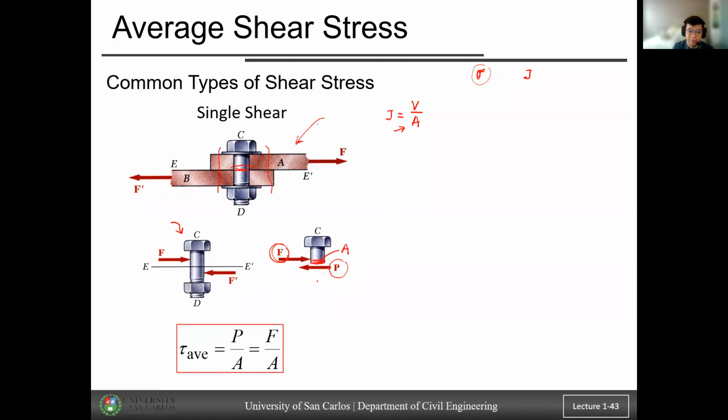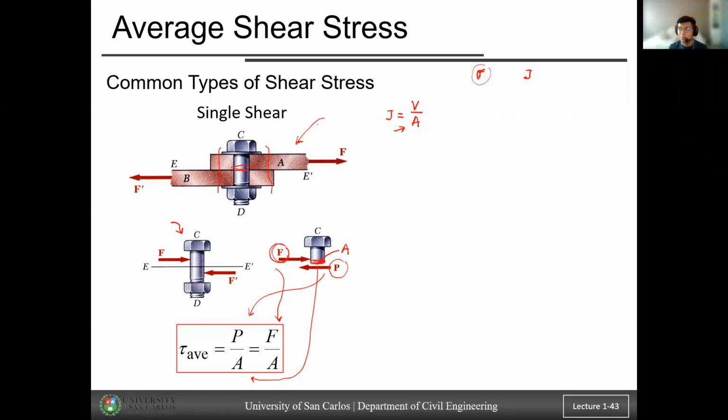Now we have P over A. Since we assume that the distribution of the external force internally is equal, pwede na po siya diretso, di ba? You might declare it as F over A, or whatever the given external force is in the problem.